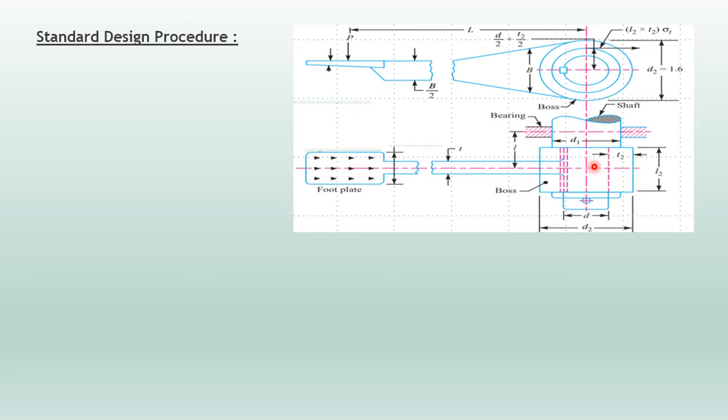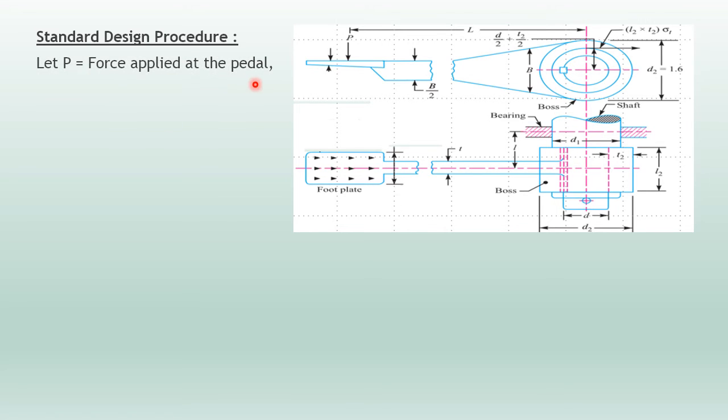For permitting the motion of this shaft and the boss, a simple key is fitted over here. You can see it with the dotted line, and the square key is over here.